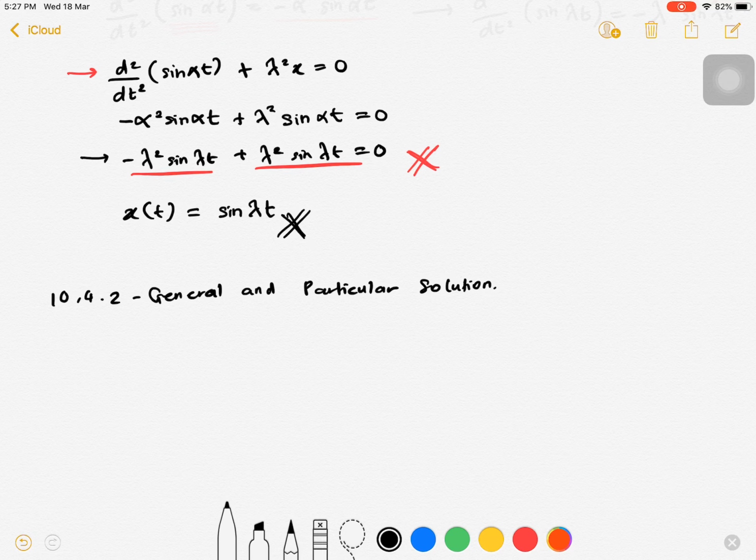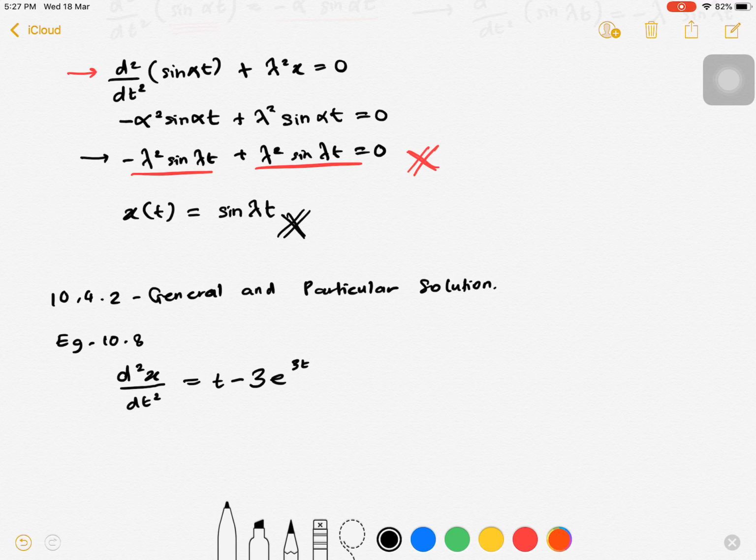So we go to example 10.8. So we have the given equation is d2x dt2 equal to t minus 3 exponential 3t. Okay, so how to solve this is simple.